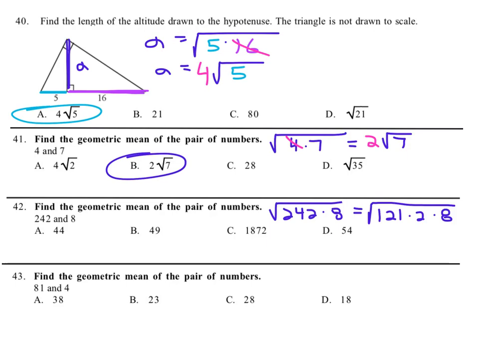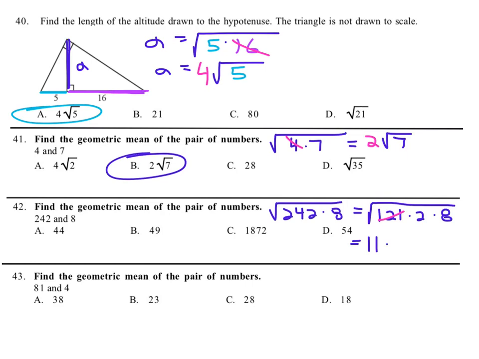But now I know this. Hopefully you know some of this information too. 121 is a perfect square of 11. So we're going to bring an 11 out. And what's left? What is left is a 2 and an 8. What is 2 times 8? 2 times 8 is 16.